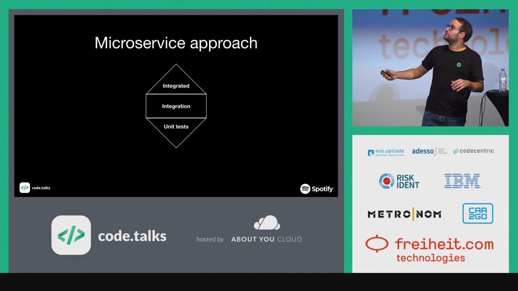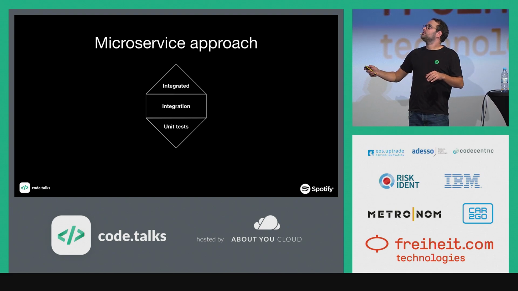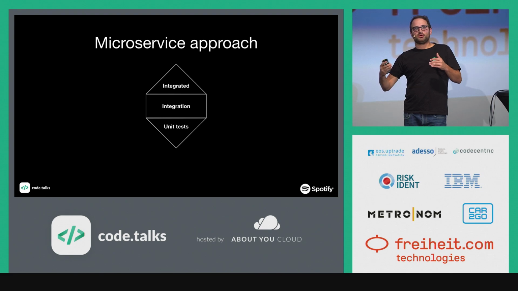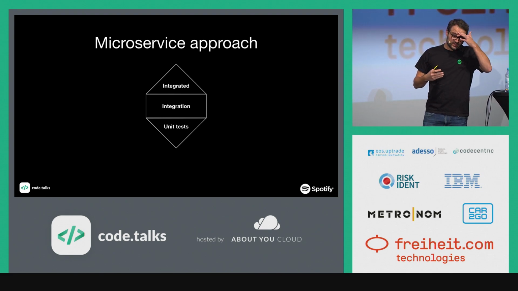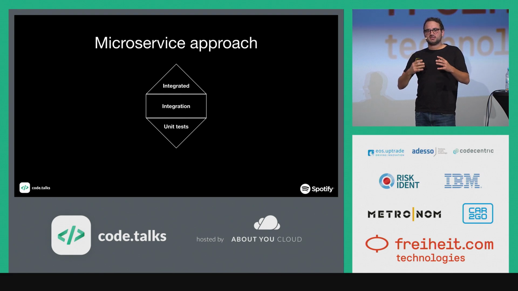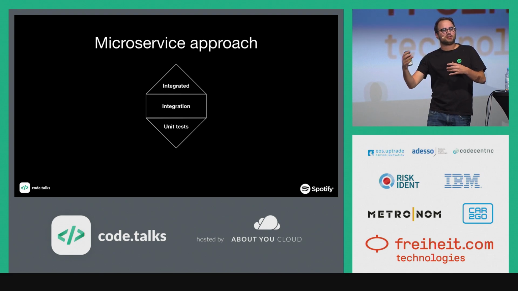Then what we stress in the honeycomb is the integration testing part, and the E2E tests now become not end-to-end tests anymore because we don't test a monolith. We test integrated, meaning we test how our service behaves in our architecture.